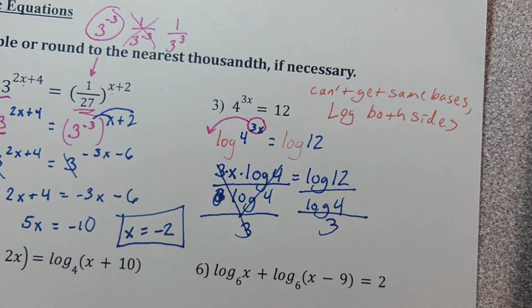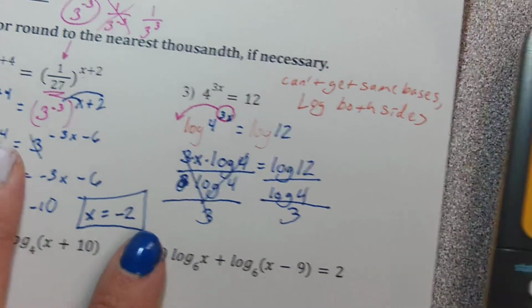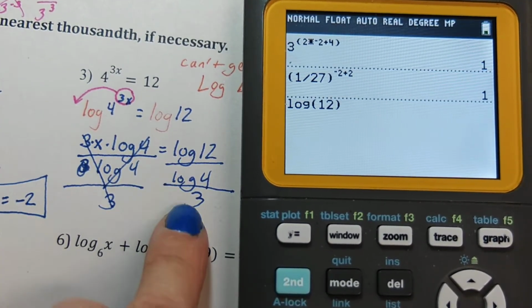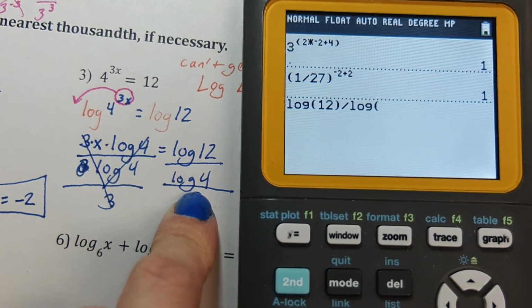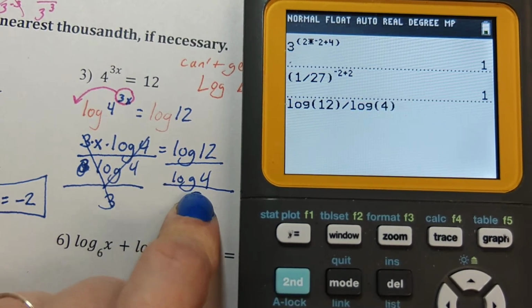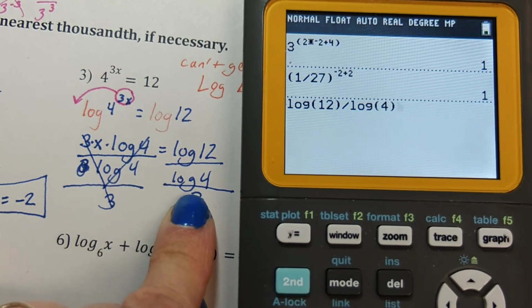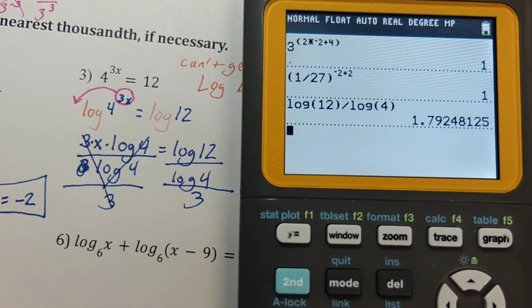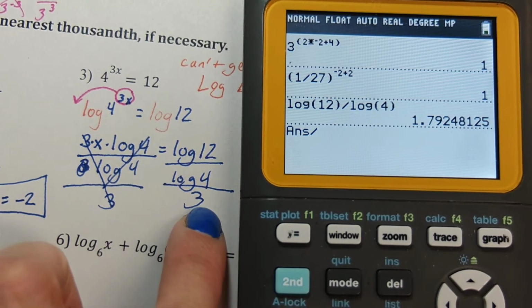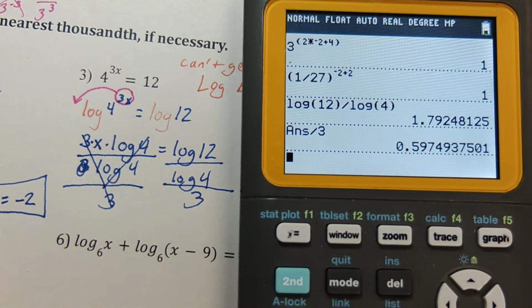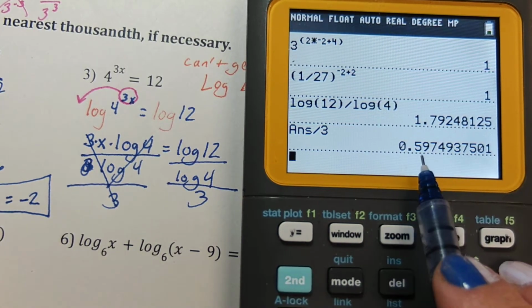So I'm going to do common log 12, making sure I close off my parentheses, divided by common log 4. So I'm just using the regular old log button on my calculator, defaulting to log base 10. So log 12 divided by log 4 is that yucky thing. And then if I divide that by 3, that gives me, to 3 decimal places, 0.597.